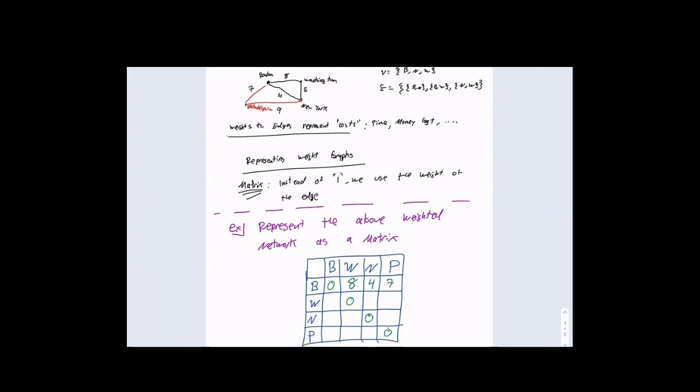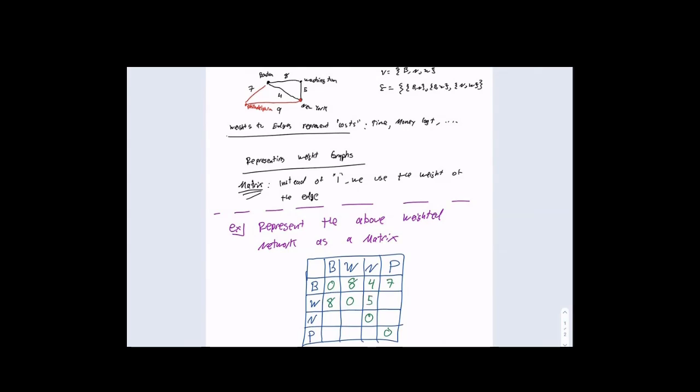Washington to Boston? 8. And in this example, we can go in both directions. Inside your homework, like I said, you have some ones that are only one direction. You can only go from one place to another. You can't go backwards. So that will happen. Washington to New York? 5.